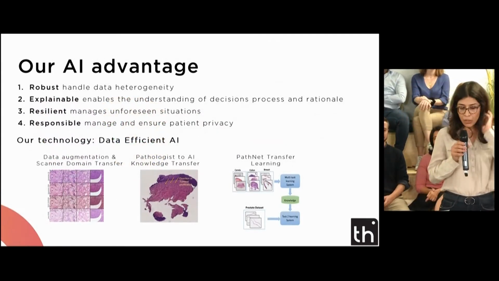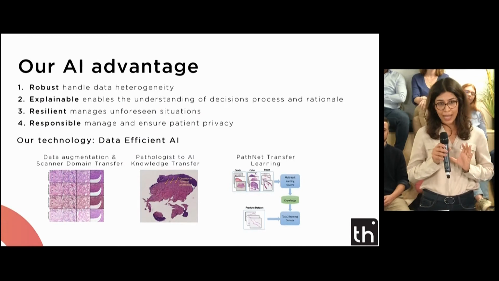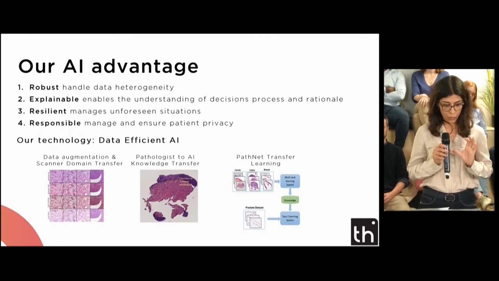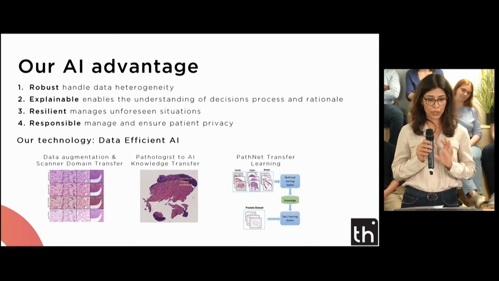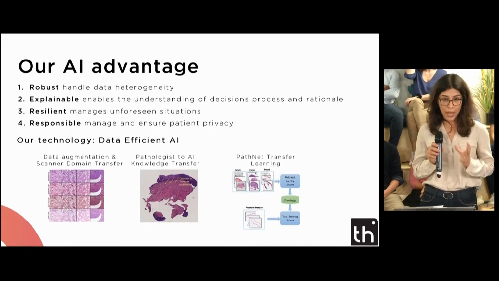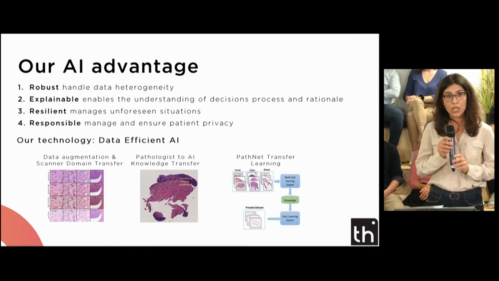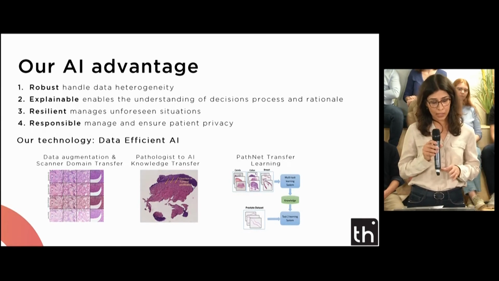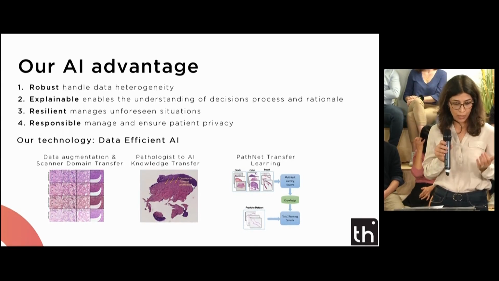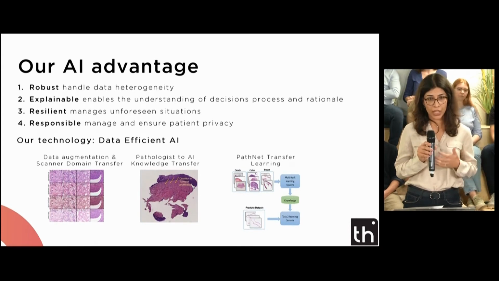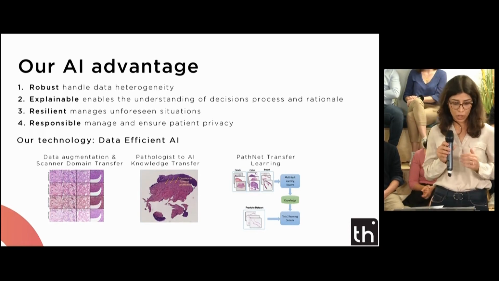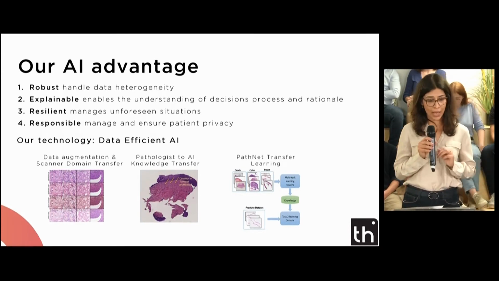So what is particular in our technology? Our algorithms are carefully designed to deliver four important criteria to make our solution employable in a clinical workflow. First, we have a robust system, which is insensitive to stain variation and scanner variation, which is very common in histopathology slides. Second, we have explainable systems.